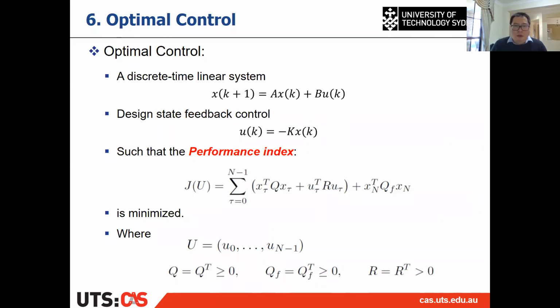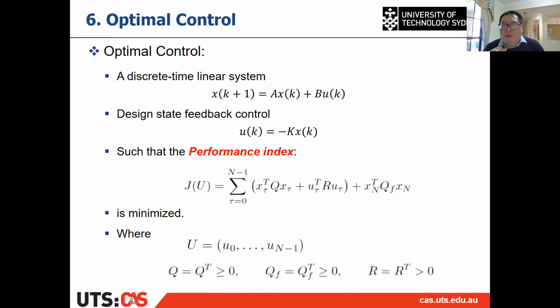For a linear discrete time system, we want to do the optimum control. The first thing is we design the state feedback control. We still use the state feedback control, which means U is equal to minus Kx. And we want to choose the optimal K, which minimizes the performance index.